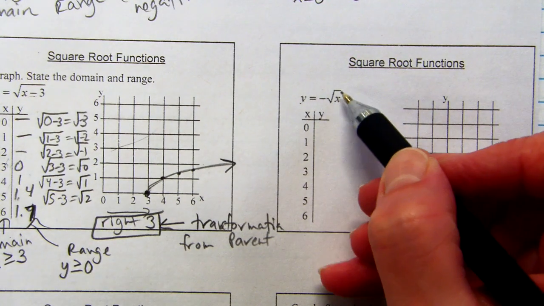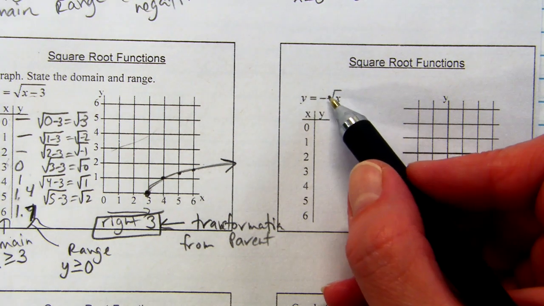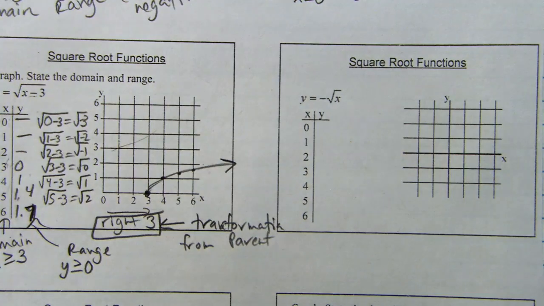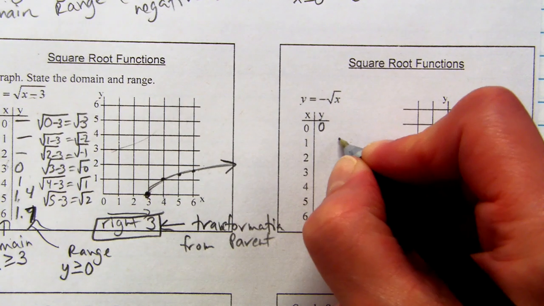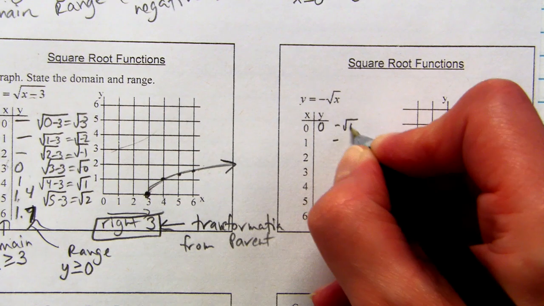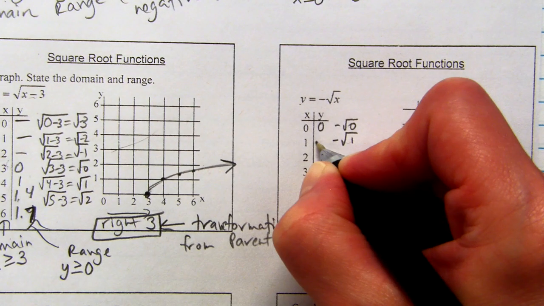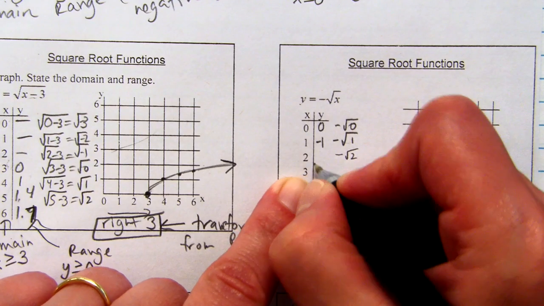Okay, so now I have a negative from the square root outside. It's not inside, it's on the outside, so this is different. What that's going to do is change the sign. Negative square root of 0 doesn't do much.